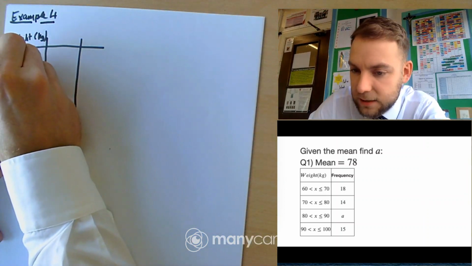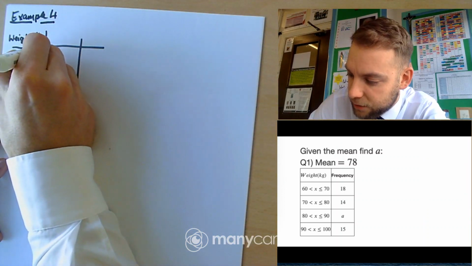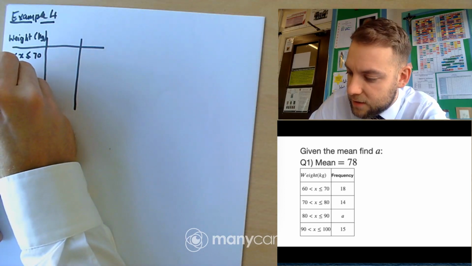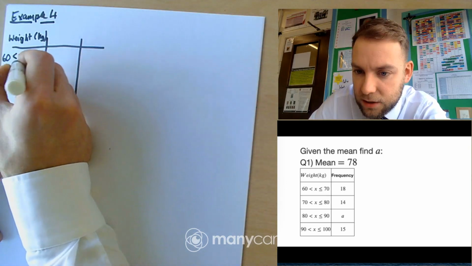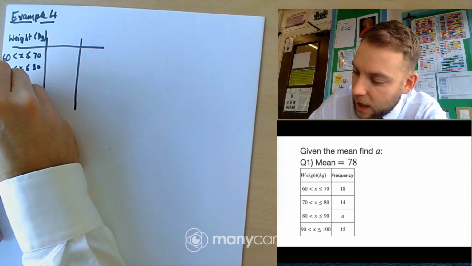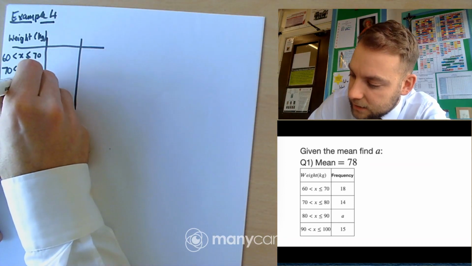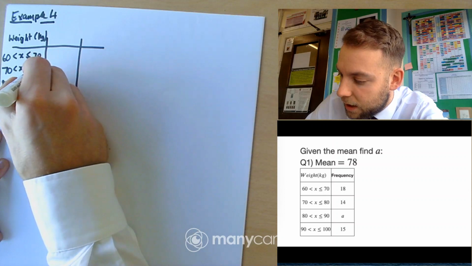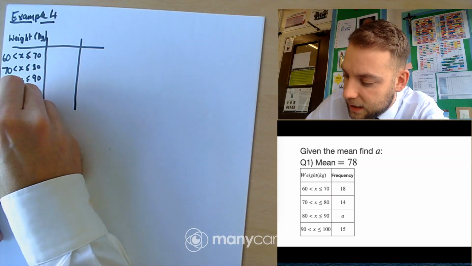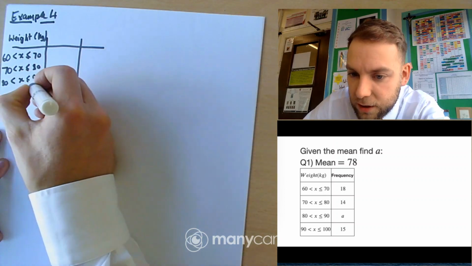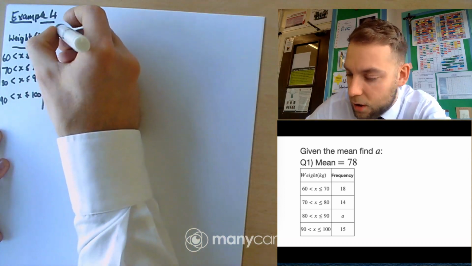So the weights now are 60 is less than x is less than or equal to 70. 70 is less than x is less than or equal to 80. 80 is less than x is less than or equal to 90. And 90 is less than x is less than or equal to 100.